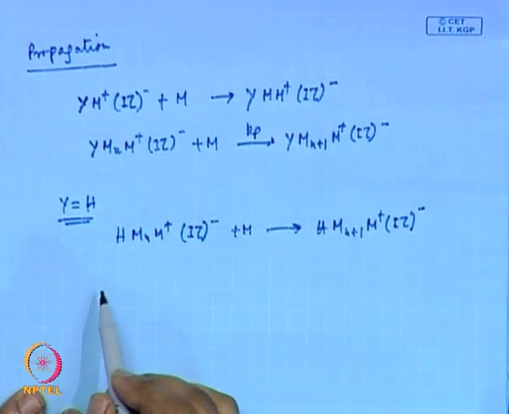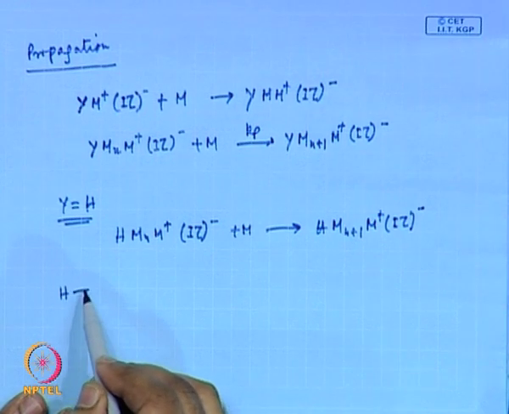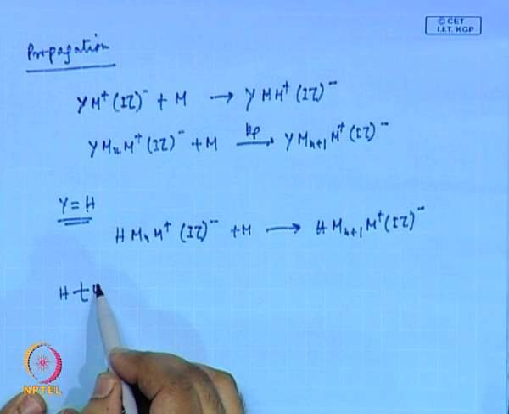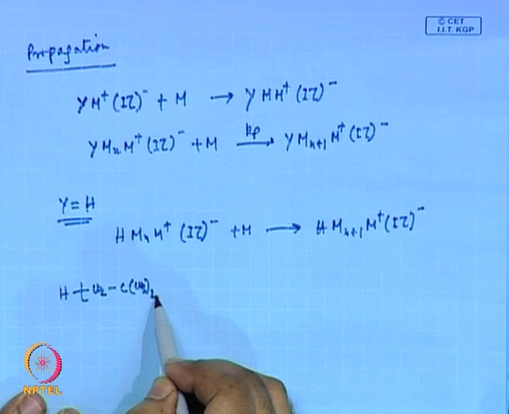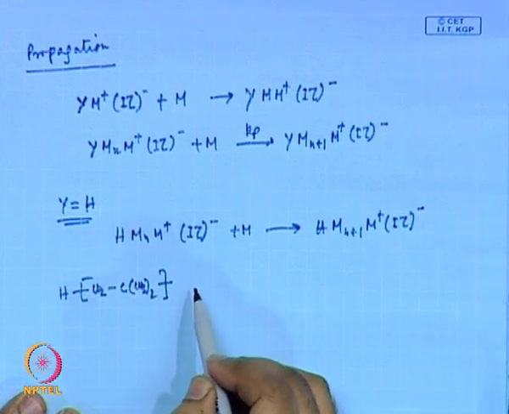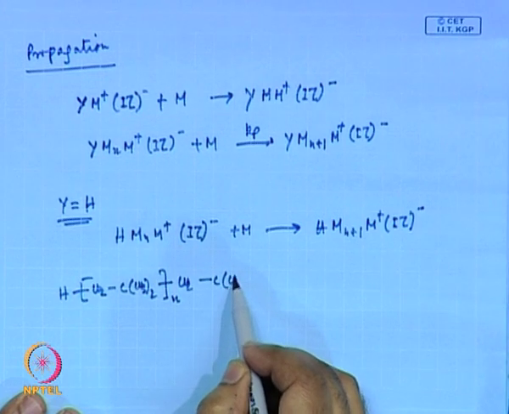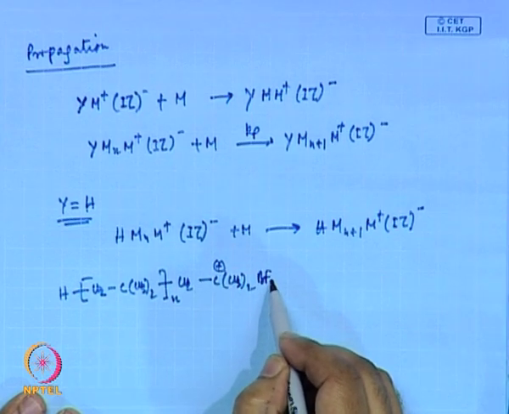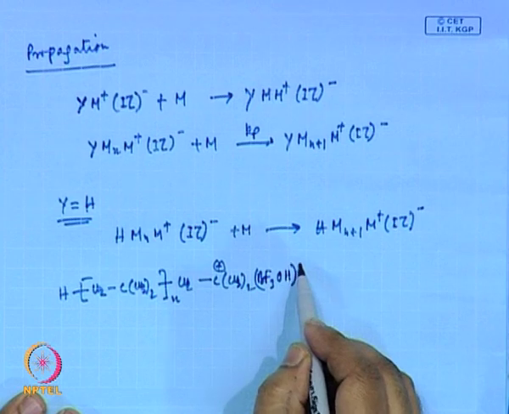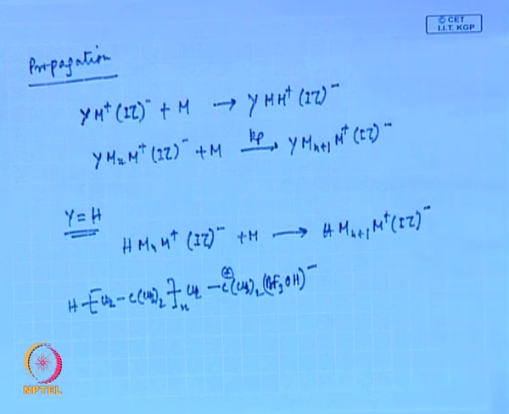For example, for the BF3 water case, I can write, this is a proton donor. So, I can write this is a reaction of isobutylene catalyzed by this.